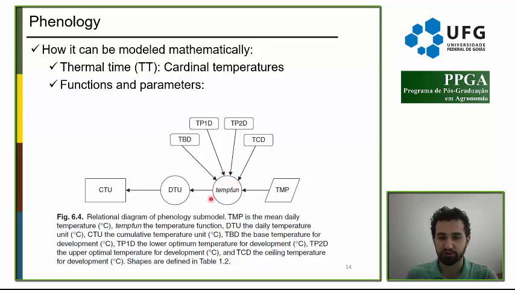Based on this temperature function, we will find the daily temperature unit that is calculated by day, and in the end I'm going to have the cumulative temperature unit, so that I know for each phase how much cumulative thermal temperature unit the crop needs to change the state variable across the time in this system. Okay.